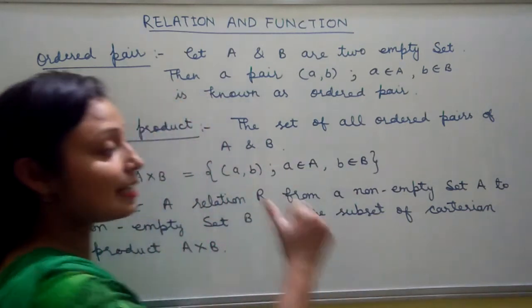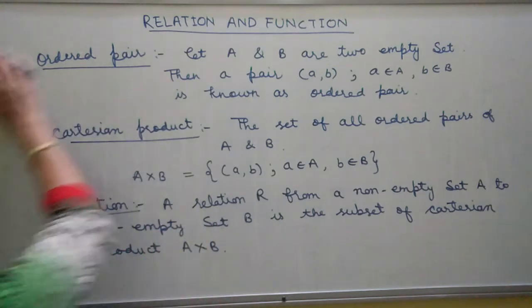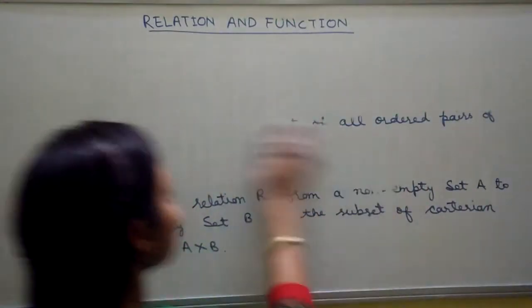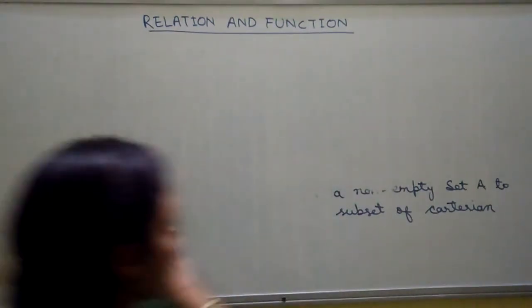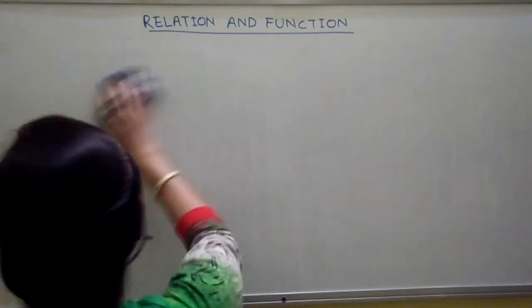Now we will start the types of relation. Types of relation are important according to your class 12. These are the basic concepts which you all have done in class 11. Now come to the new terms, that is types of relations.